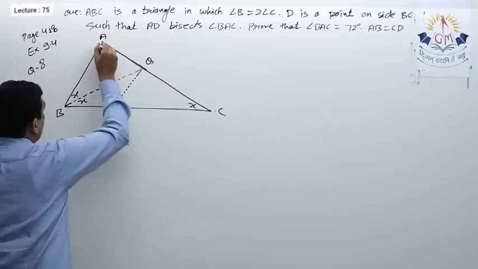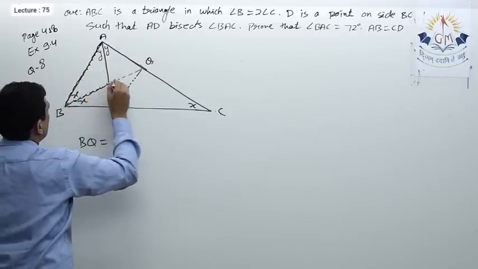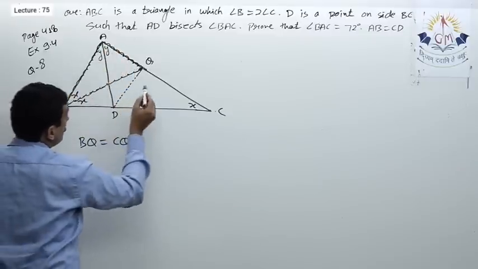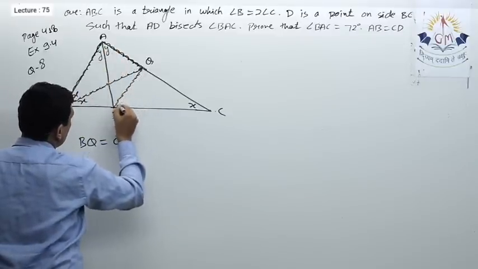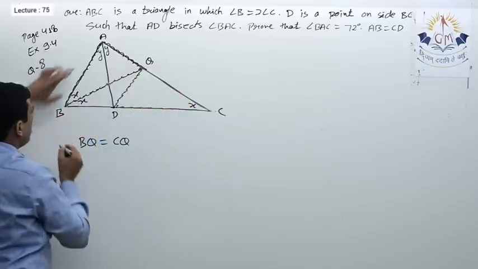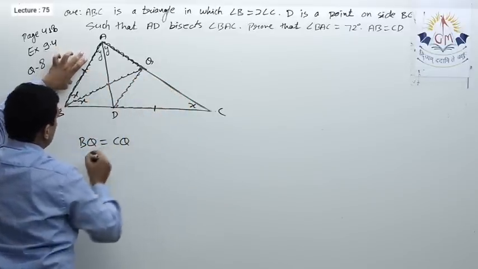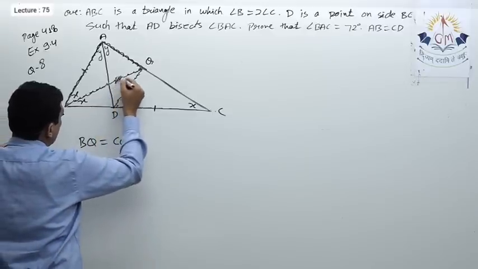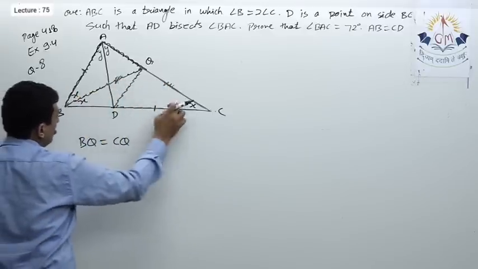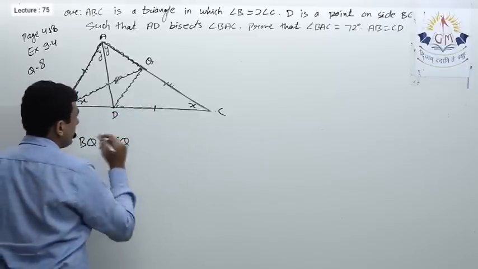Now see, I am taking these two triangles, ABQ and the second triangle CDQ. Here it is given AB is equal to CD. Just now I proved BQ is equal to CQ, and you can see they have one angle x which is equal in these two triangles. So these two triangles are congruent.